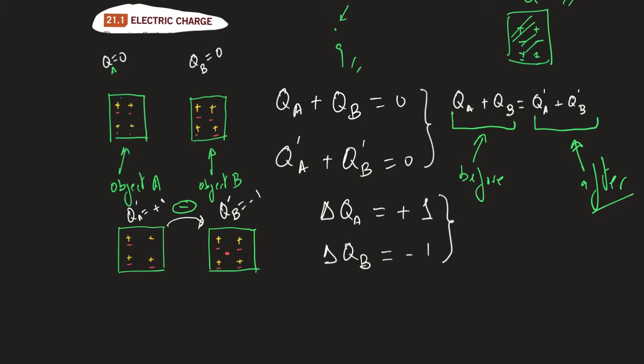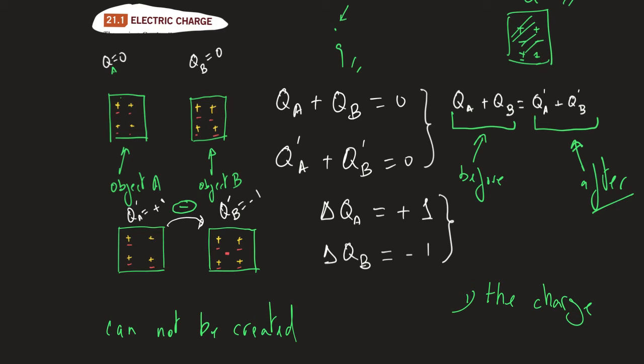What does it mean? It means that in electricity, in electromagnetic theory, there are 2 principles. The first principle is that charge cannot be created. You don't create the charge; it is on the body.